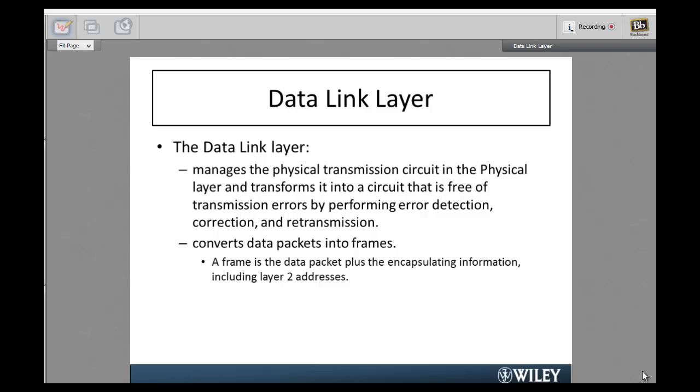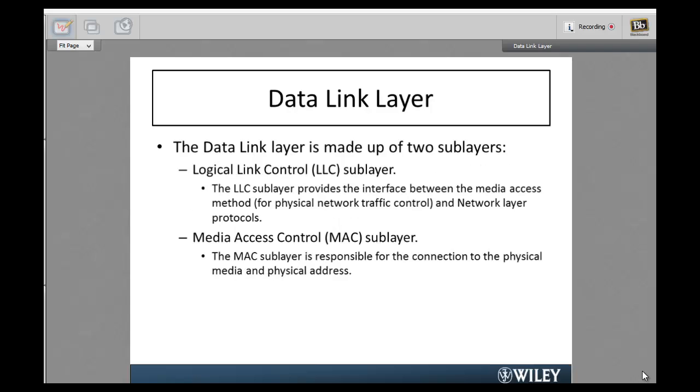For the data link layer, it will be divided into two sublayers, the logical link control sublayer and the media access control sublayer.